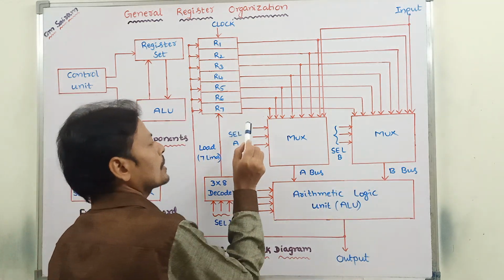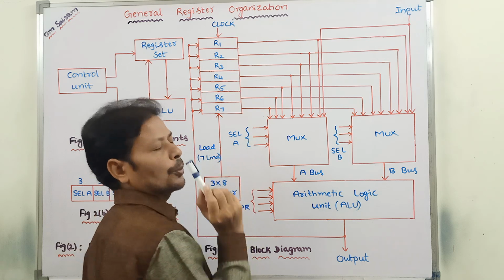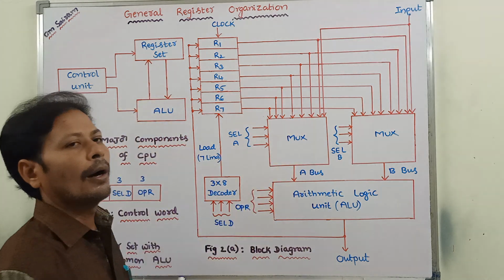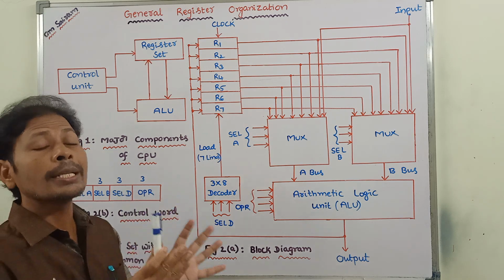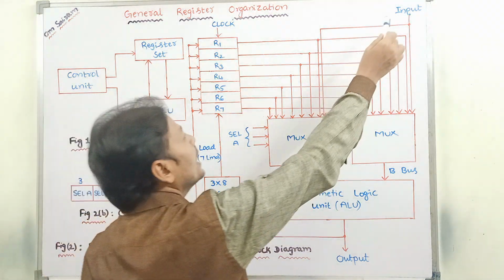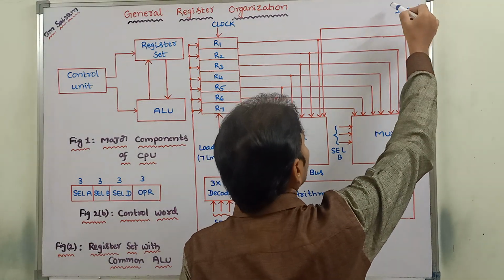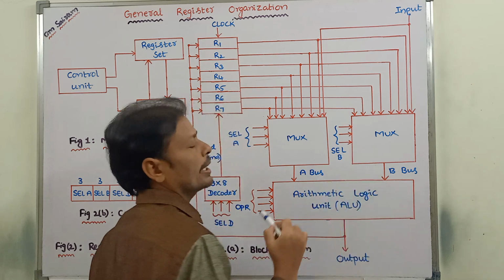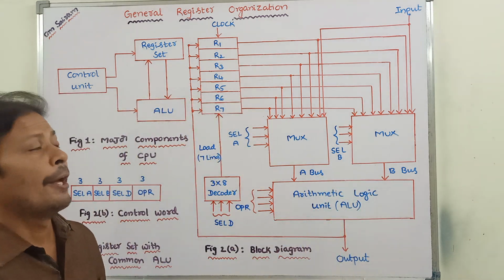Suppose 0, 0, 0. Then we do not select any register, only the input is selected. That input can be passed to the arithmetic and logic unit.